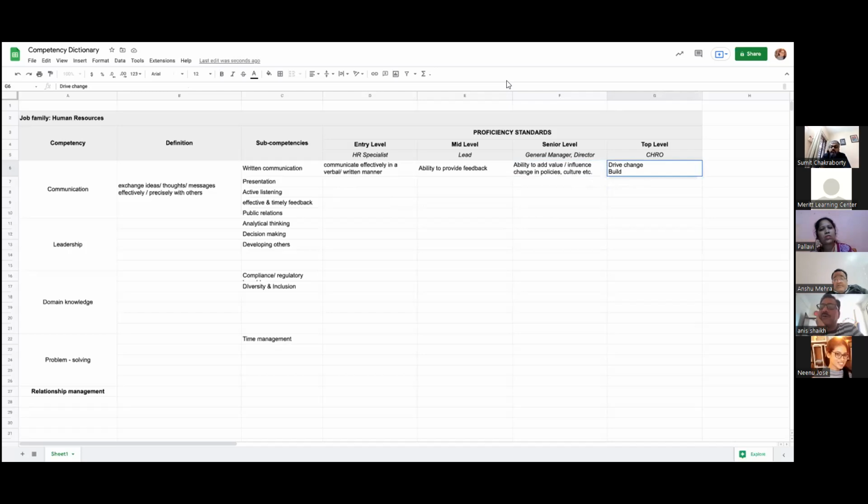So how do we write that for the CHRO? Build the culture for tomorrow, a future-ready organization. Communication policy. Yeah, to frame the policy, we can say that. To frame the policies.